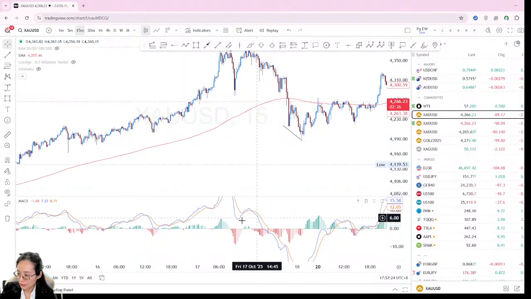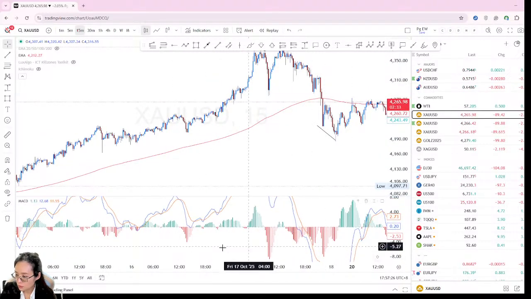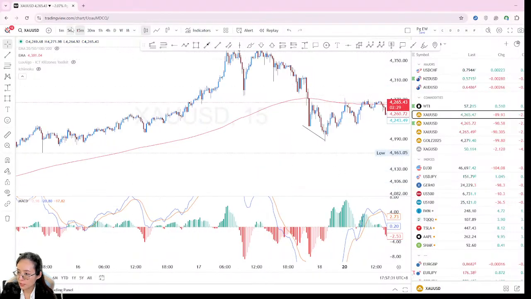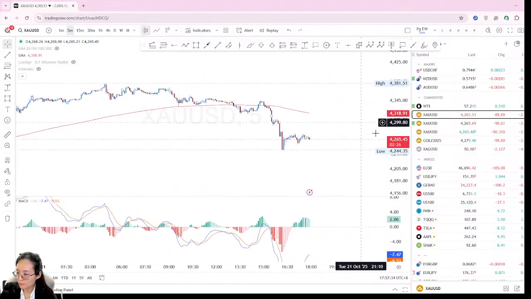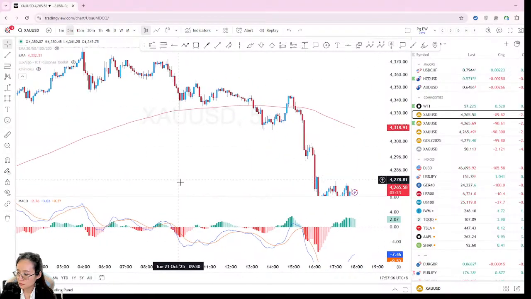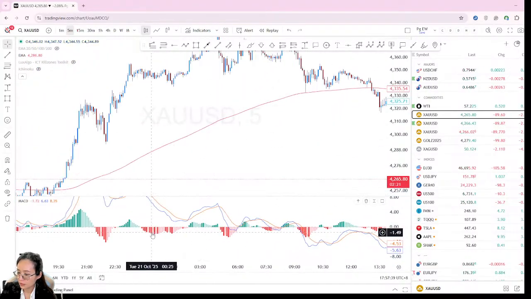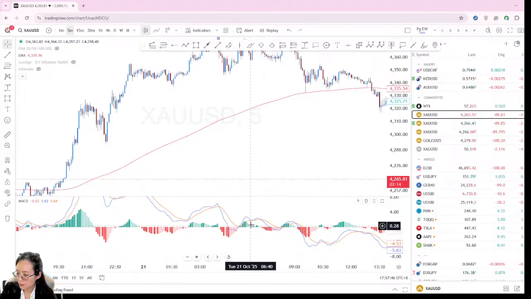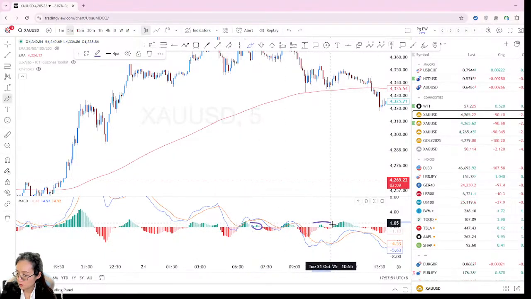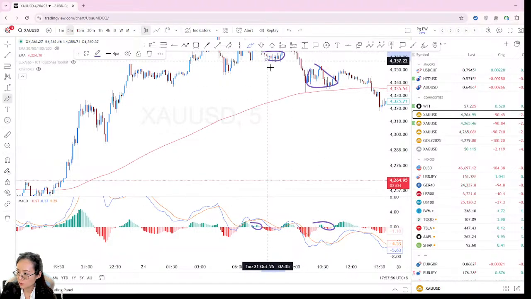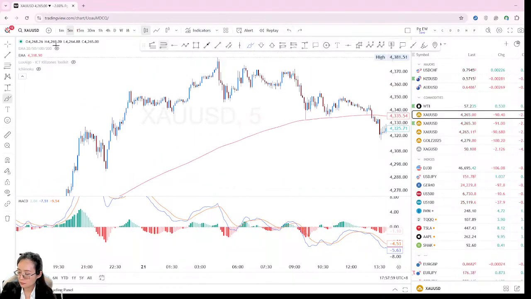Whenever you see a very small histogram here, either it's sideways, I think we should go to the lower time frame. Here, very small. We know that it's sideways. Here, right? This was the sideways. You can see that price did not move. It was sideways here, it was sideways here. Okay, guys.